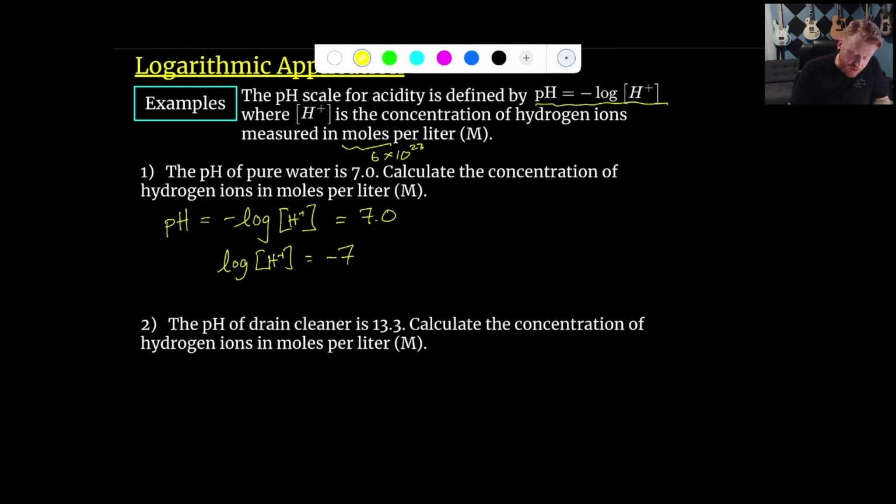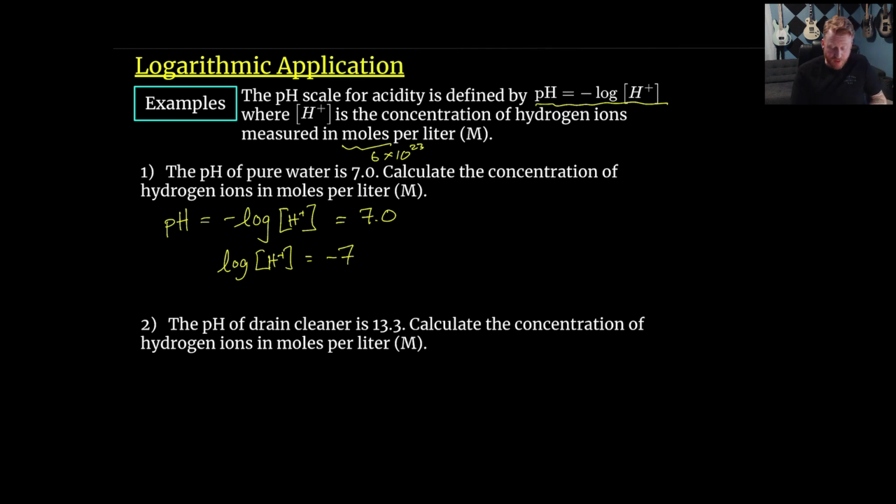But now I can use base 10, and I can raise base 10 to both of these expressions. Sometimes we say colloquially, we'll base 10 both sides here. And then sometimes I like to just rearrange where that equal sign is. So now it looks like 10 raised to the log H plus equals 10 to the -7.